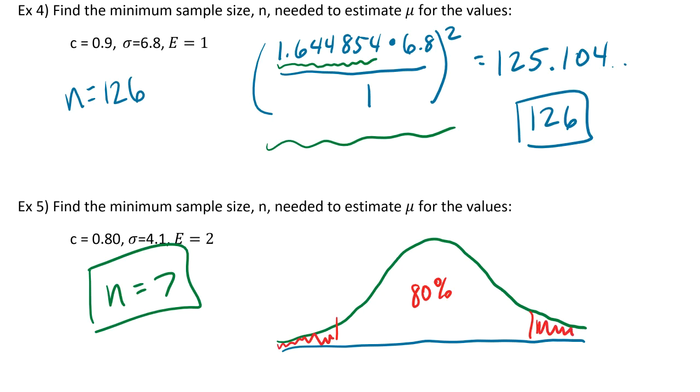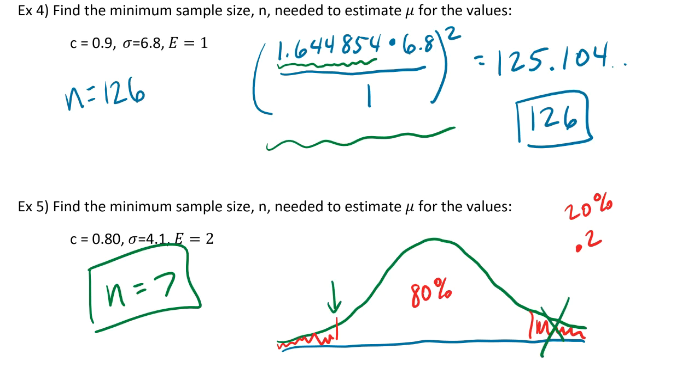So if we do 1 minus that, we get both edges as 0.2, or 20%. But we don't need that side. All right, we just need this one over here.